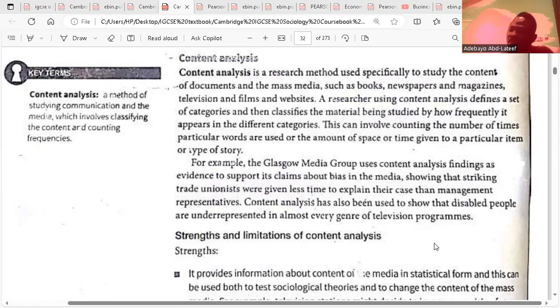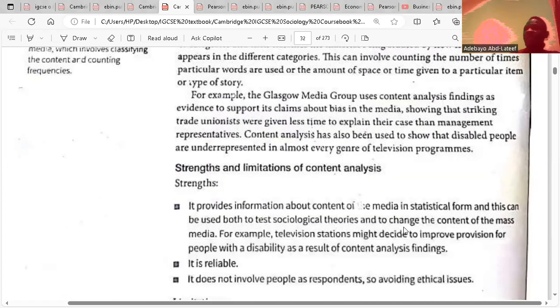One, it provides information about the content of the media in statistical form, which means it can be used to test sociological theories and change the content of mass media. So the first advantage of using content analysis is that you can use it for sociological theories. Because we say, oh, they continue to talk about female education.